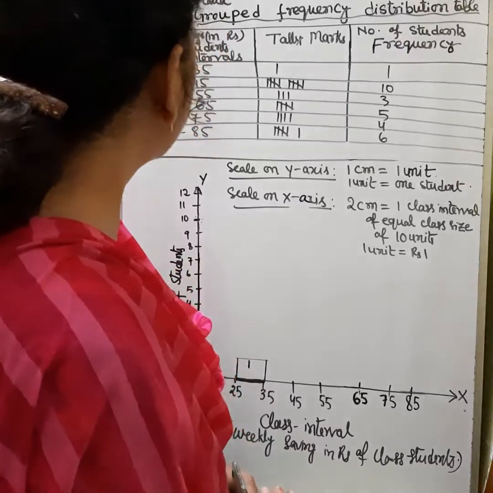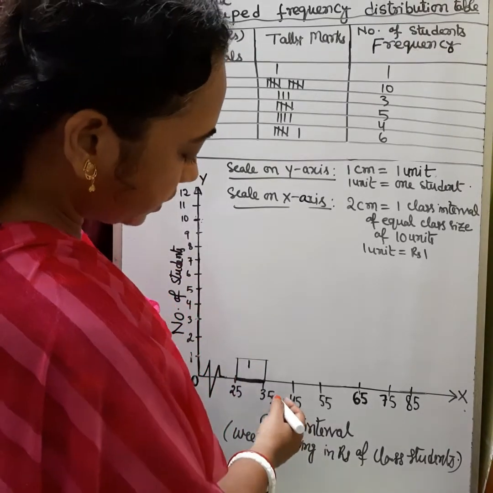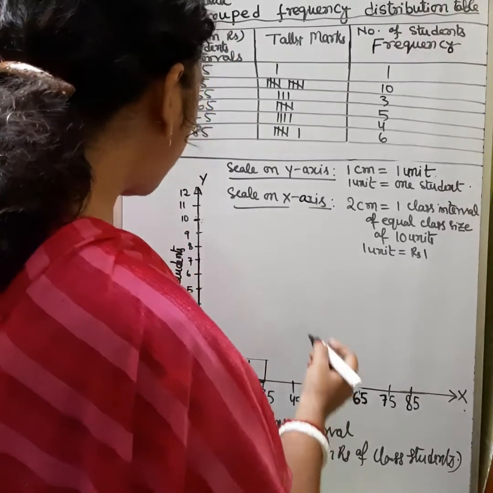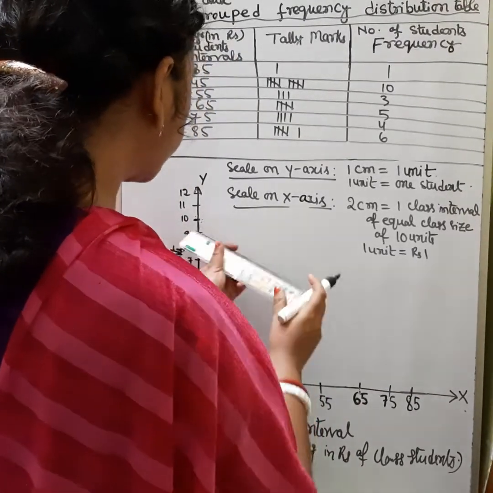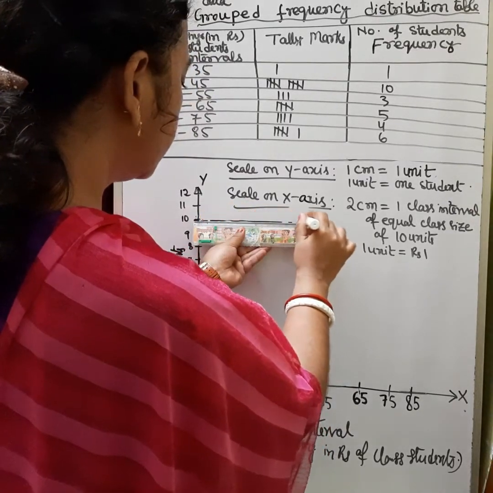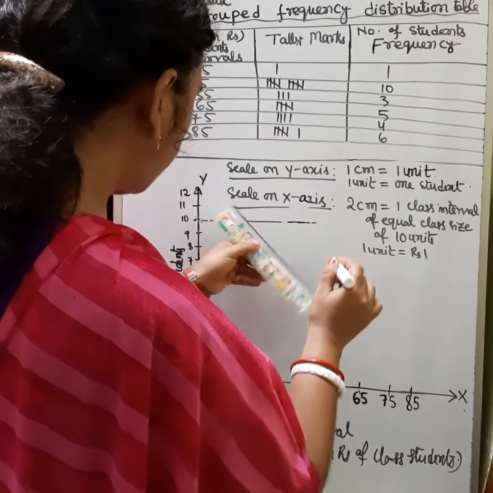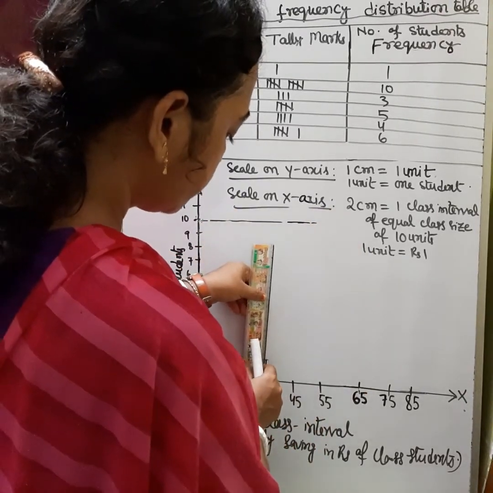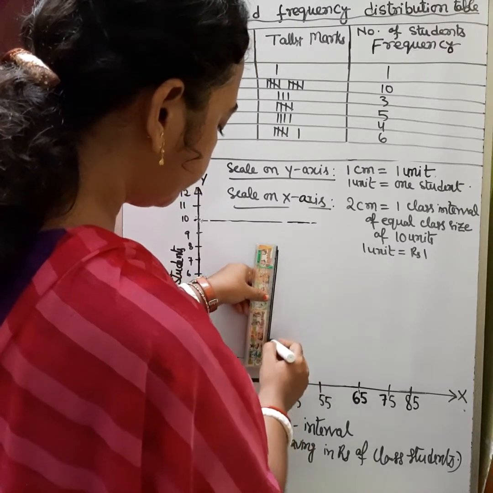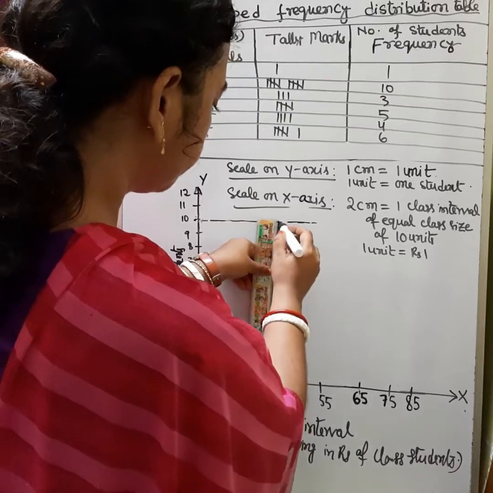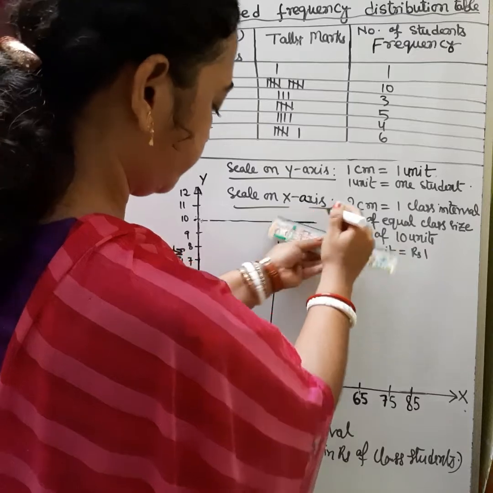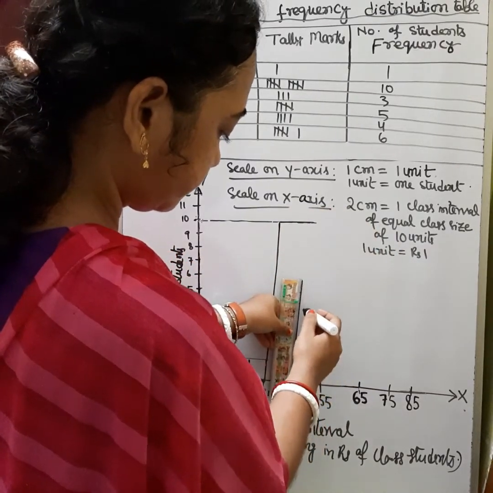In the second case, the class interval is between 35 and 45 and its frequency is 10. So we mark the point at 10 and make a dotted line at point 10 with the help of a scale so that we get up to the height 10. Now we join the lines with the help of a scale.